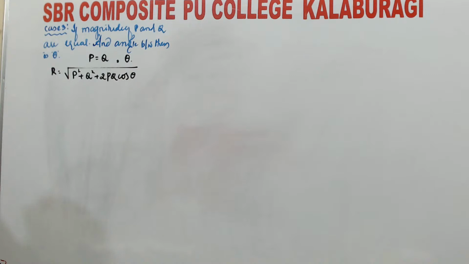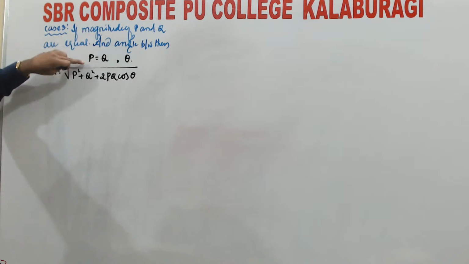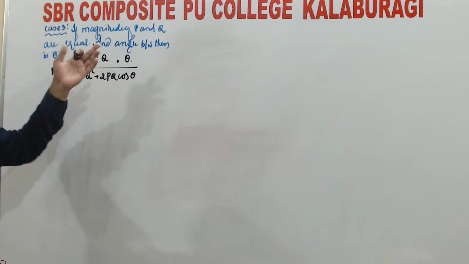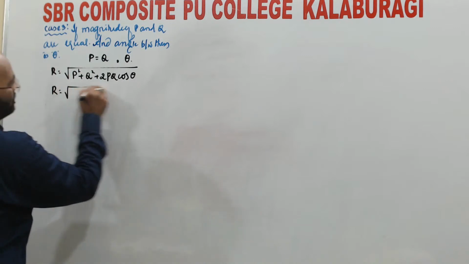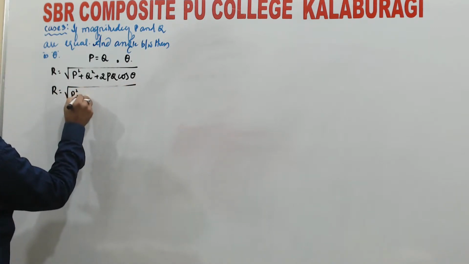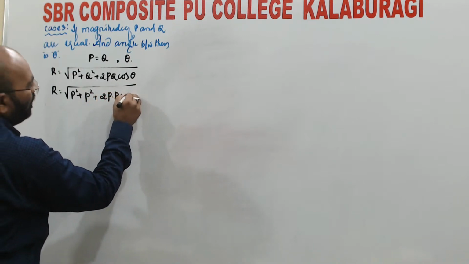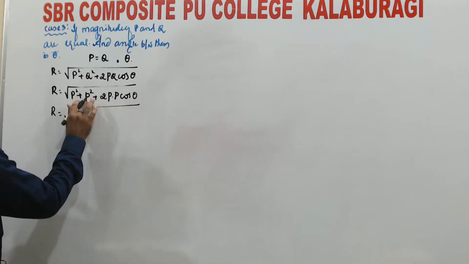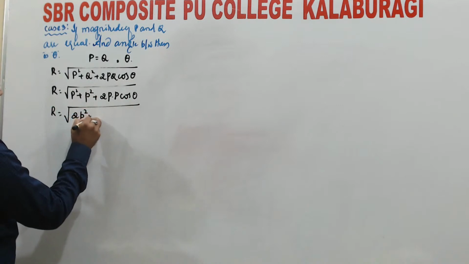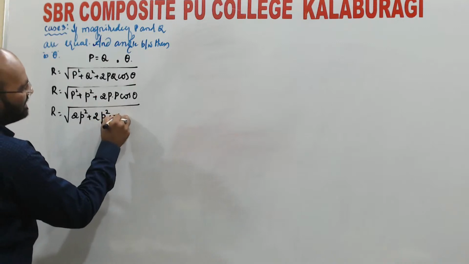P is equal to Q, so we can write Q as P. It means both have the same magnitude; writing either one makes no difference. Then R is equal to under root of P square plus P square plus 2P square cos theta.